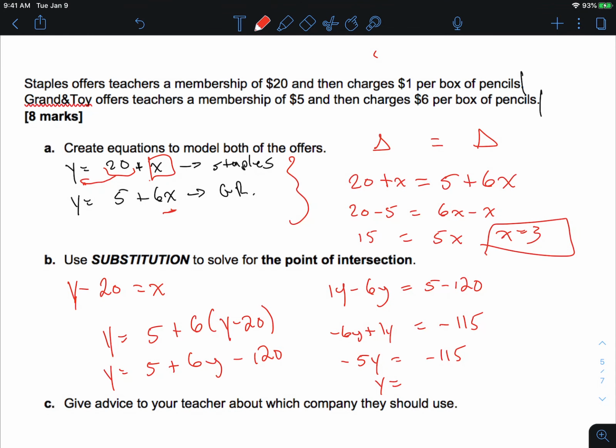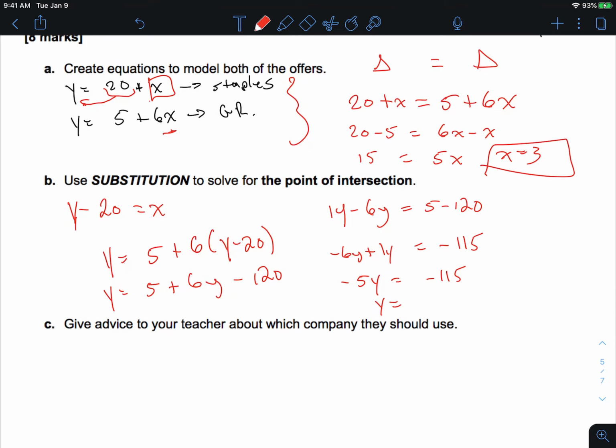I think if you do negative divided by negative, it's a positive. There you're done. Does that make sense? Yes.